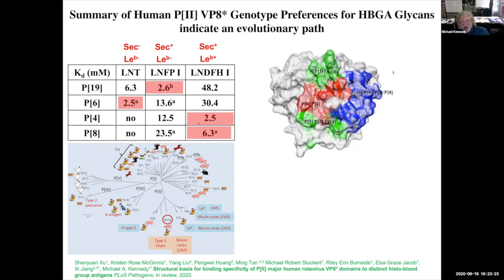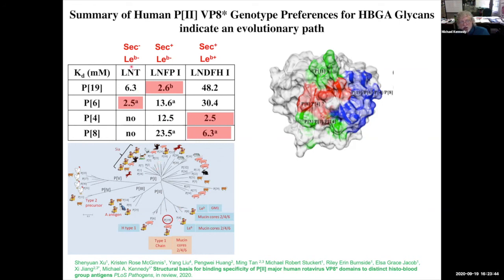So again, this reinforces our idea that this evolutionary branch from P1 to P2 is evolving under the selective pressure of the more mature glycans that are observed in humans, moving from animals.